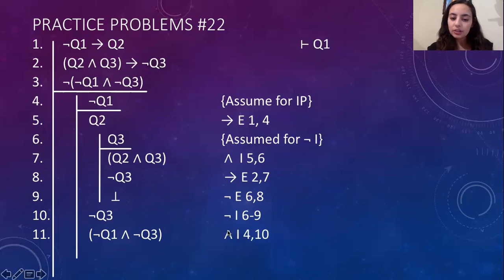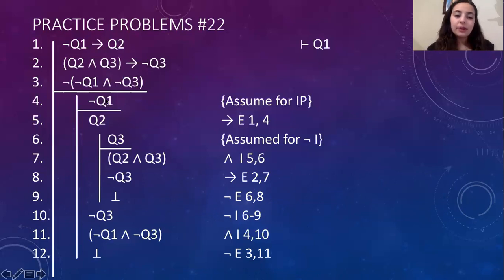And that's easy. That's just conjunction introduction 4 and 10. And I did that to show that this is directly contradicting line 3. This is positive, this is negative. So there we go. That's a contradiction. Lines 3 and 11.